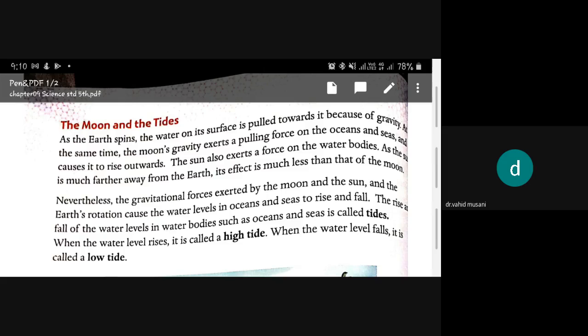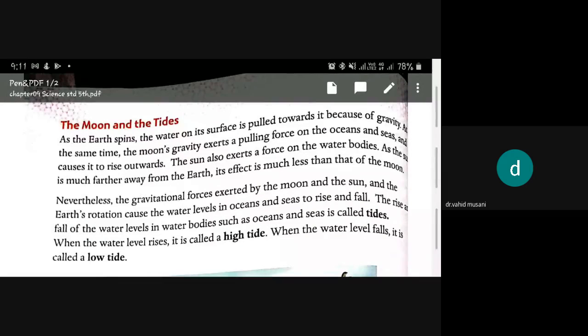Gravitational force exerted by the moon and the sun and the earth's rotation causes the water levels in the ocean and seas to rise and fall.